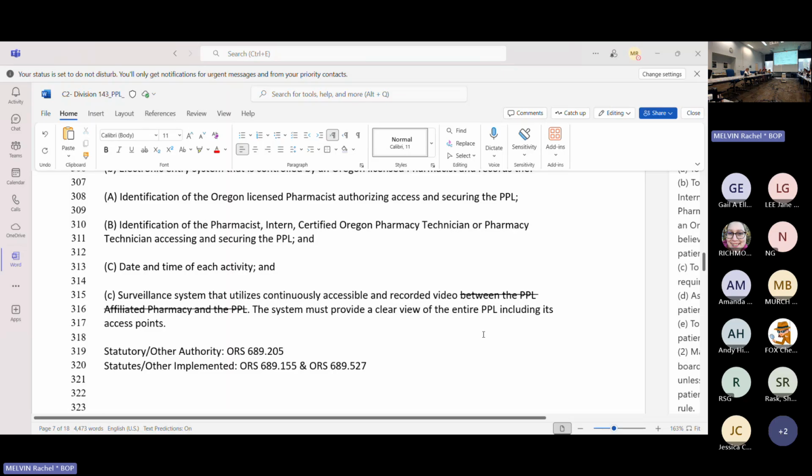Nobody was saying that you don't have cameras on those, were they? Board Member Kroger: No, I think that was maybe me who made that comment. I'm just saying that right now there's some language in there around real-time notification, surveillance that utilizes continuously accessible and recorded video. I think that is not what the retail pharmacy outlet has.